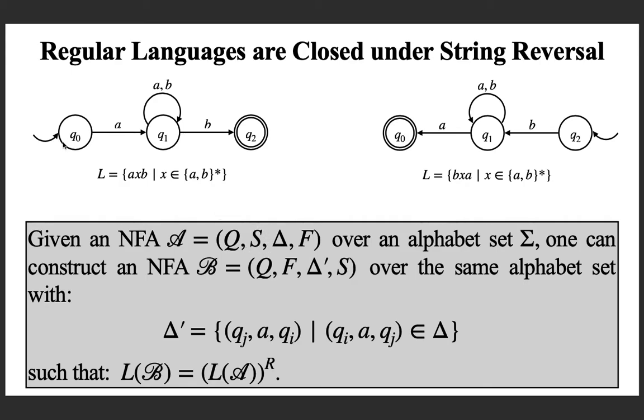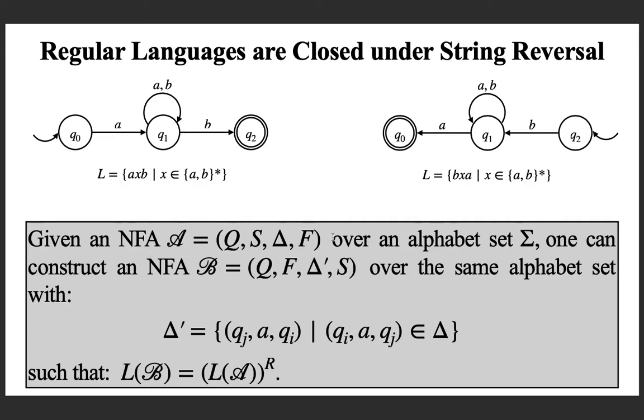In this example only one, but in general there could be any number of initial states and a set of final states. Note that the second one in the quadruple represents the set of initial states and the last one represents the set of final states. It's very important.